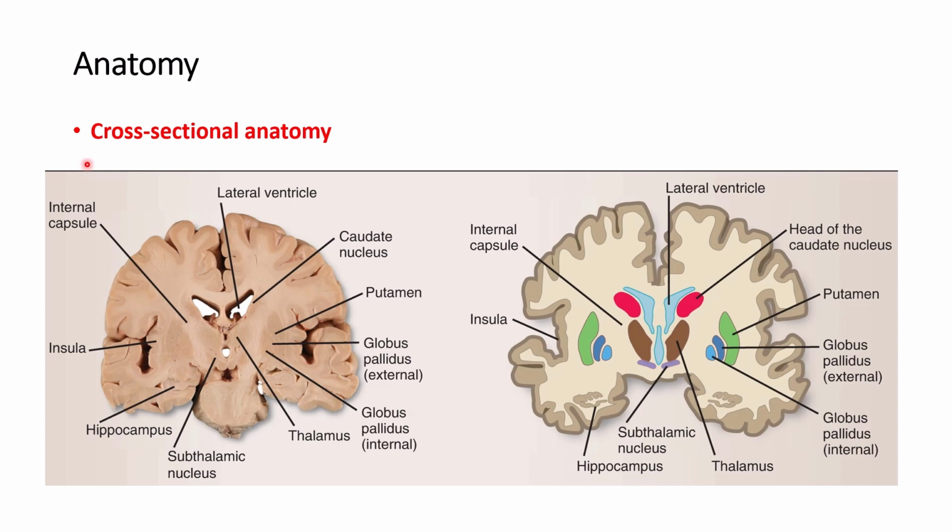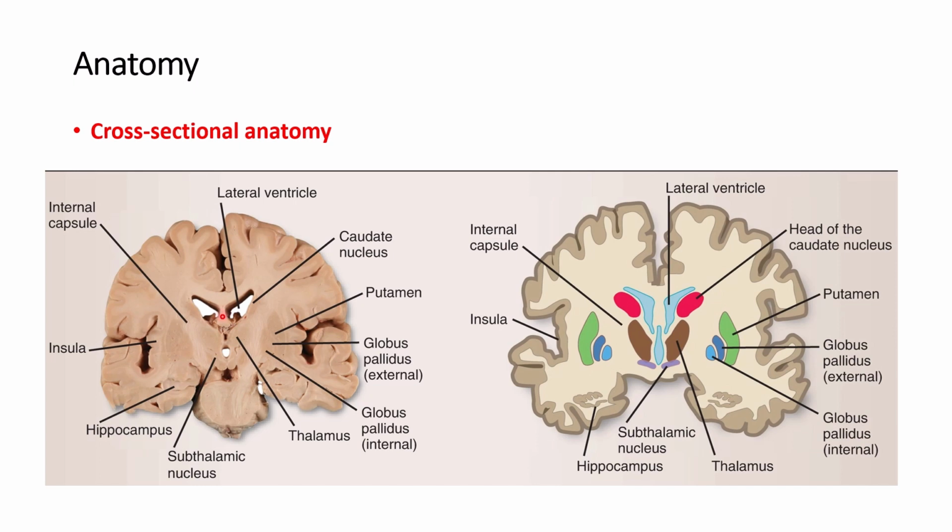In the coronal cross-section of the brain, let's start from the peripheral area. This is the cortex of the brain, and this is the white matter. The corona radiata is around this area. This is the longitudinal sulcus, and this is the corpus callosum. These two are the lateral ventricles, separated from each other by the septum pellucidum.